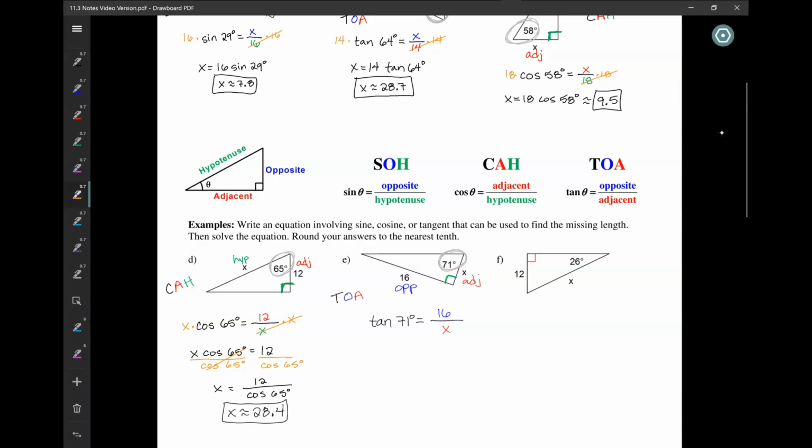All right, I've got to get x out of the bottom. So multiply both sides by x. That gives you the x times the tangent of 71 degrees equals 16. And then you need to get x by itself, so divide both sides by tangent of 71 degrees.